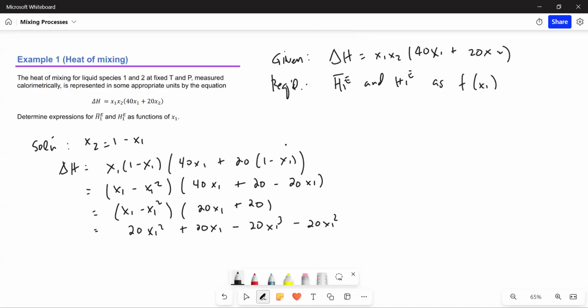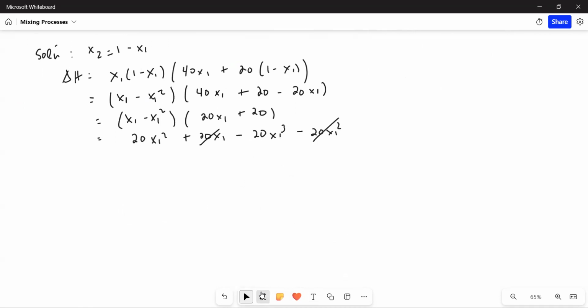I made a mistake somewhere and I resolved the problem. So now we can cancel this one, and we are left with delta H equal to 20 x sub 1 minus 20 x sub 1 cubed.